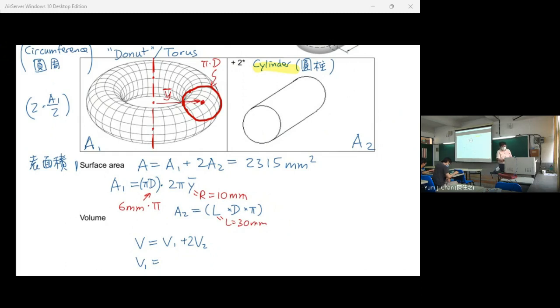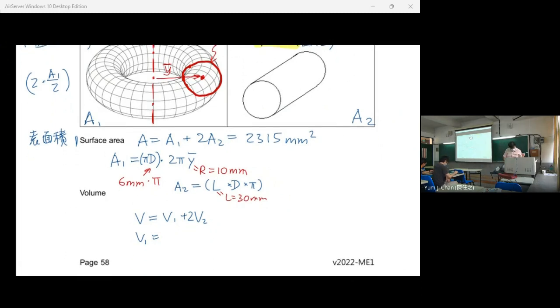So V1 is equal to A times 2 pi y bar, which is equal to this, and this is A, and this is y bar.